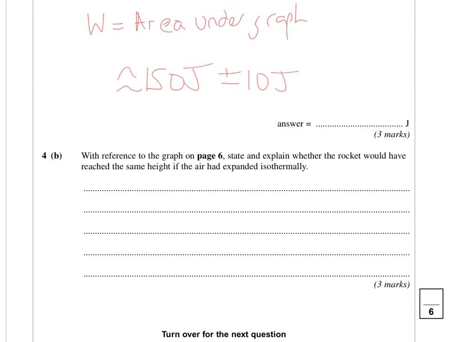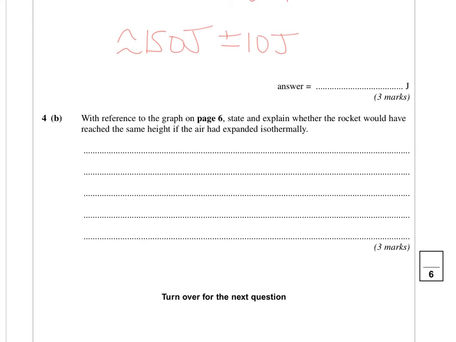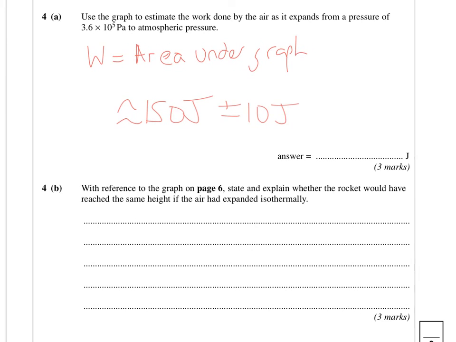Okay, with reference to the graph, state and explain whether the rocket would have reached the same height if the air had expanded isothermally instead of adiabatically. So what happens if it's isothermal is you're going to get a less steep line on your graph.